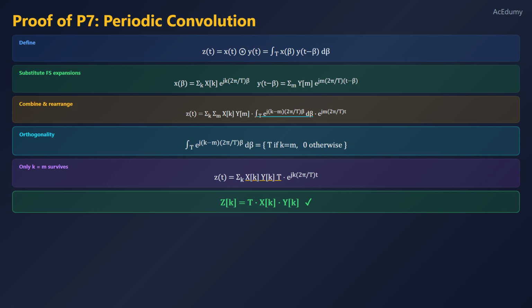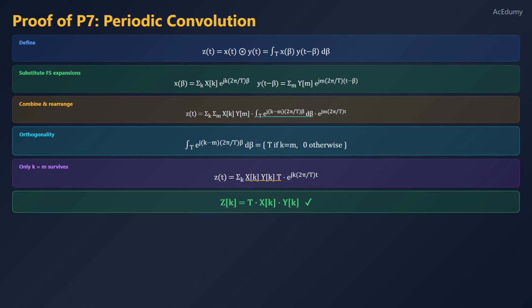X of beta equals the sum over k of x of k times e to the jk 2 pi over T beta, and y of t minus beta equals the sum over m of y of m times e to the jm 2 pi over T times the quantity t minus beta.